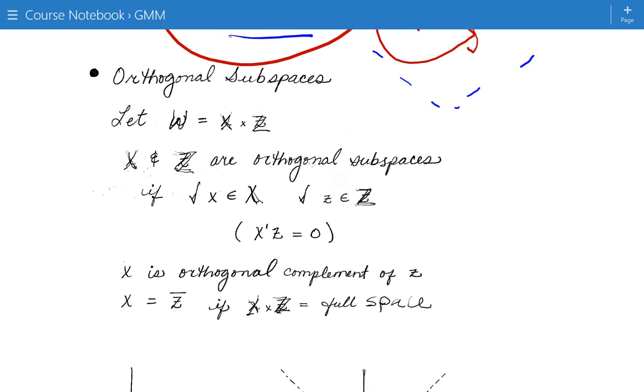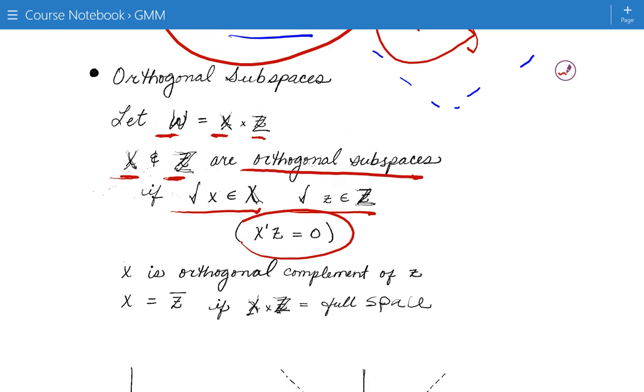We can also talk about orthogonal subspaces. So let's let a full vector space W be what we would consider as a subspace X cross subspace Z. You'll see what that means in a little bit. But these two subspaces, X and Z, are considered orthogonal if for all vectors in the X space and all vectors in the Z space, each vector is orthogonal to each other.